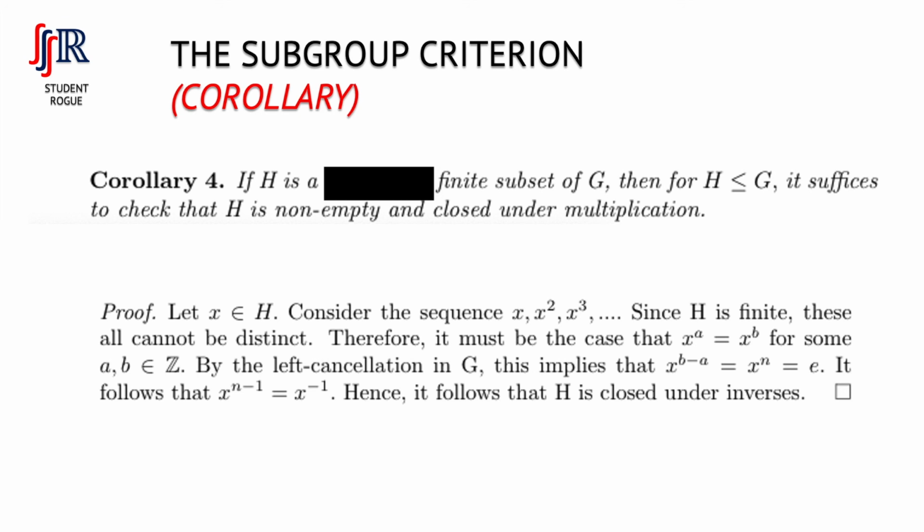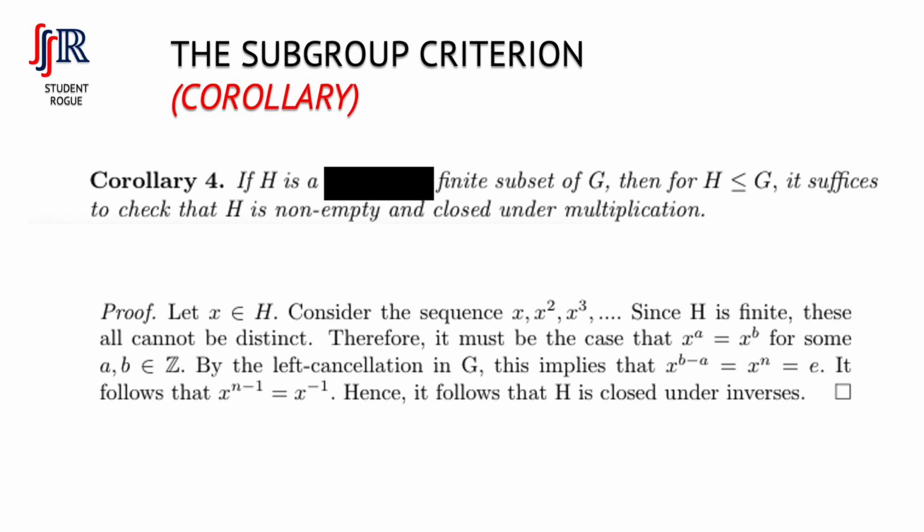So note that some powers have to start repeating at some point. Let's say it's true that X to the A equals X to the B, where B is greater than A, that is, X to the A repeats itself at some point where X is raised to the power B, for some integers A and B. So by the left cancellation law in G, this implies that X to the B minus A equals the identity element, X to the 0.